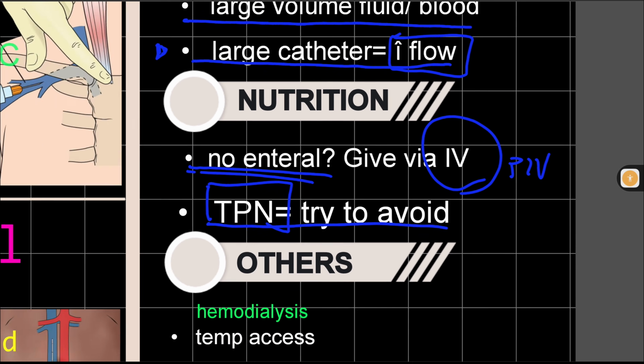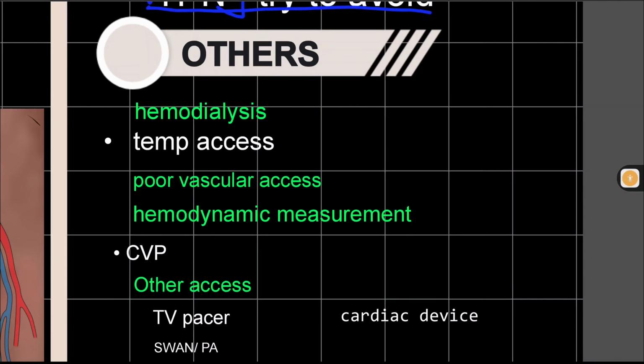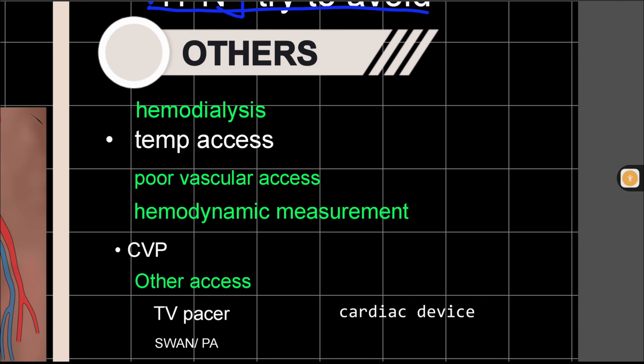All right. So here are some of the other indications for why we give or put a central line in our patients. Next is hemodialysis. Hemodialysis is a temporary access. Some patients in the critical area, when the doctor orders CRRT or stat dialysis, of course, definitely you have to have an HD line, and that is a temporary access.